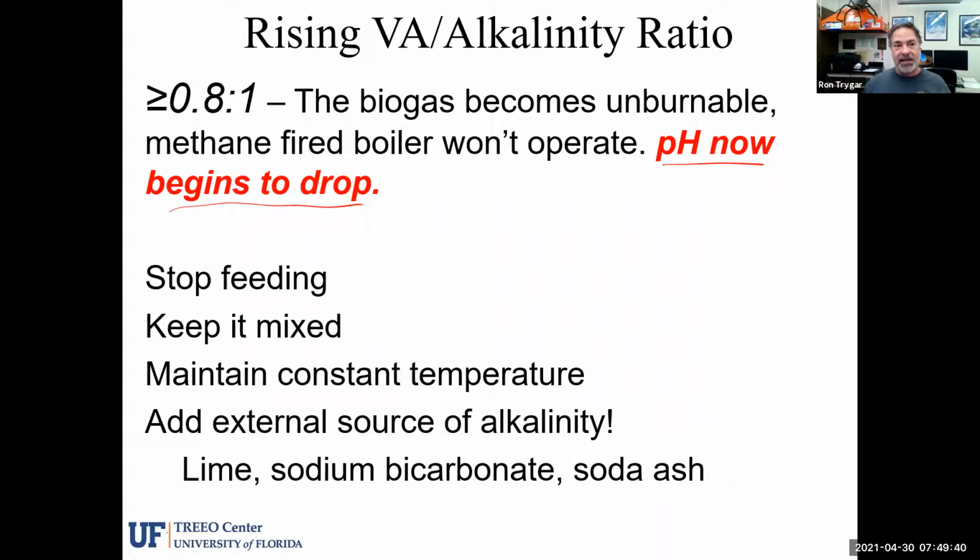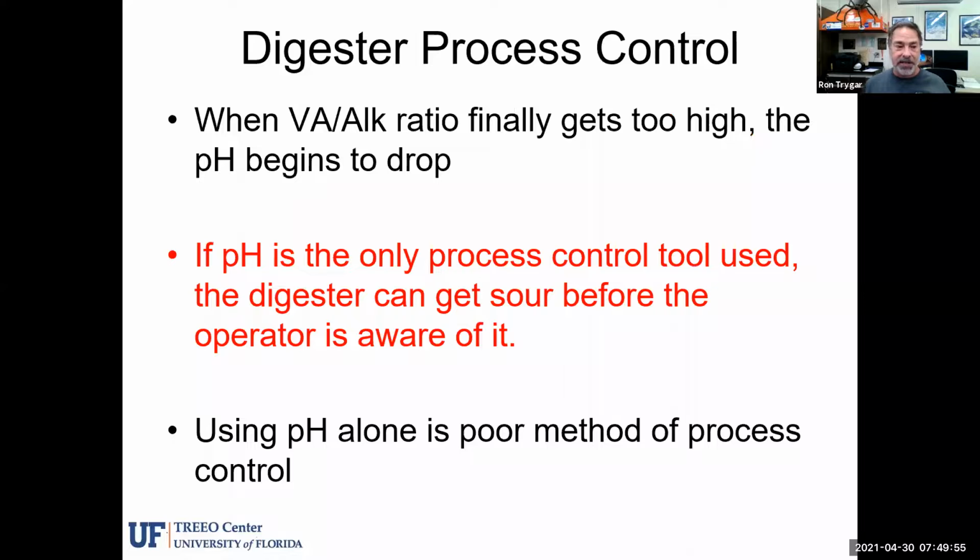Sodium hydroxide can raise the pH, but not really give you the alkalinity boost. So that's why we don't even show sodium hydroxide or caustic soda on here. So keep it mixed, add a source of alkalinity. You're probably going to get some bags of lime, mix them into a slurry, and then feed that slowly.